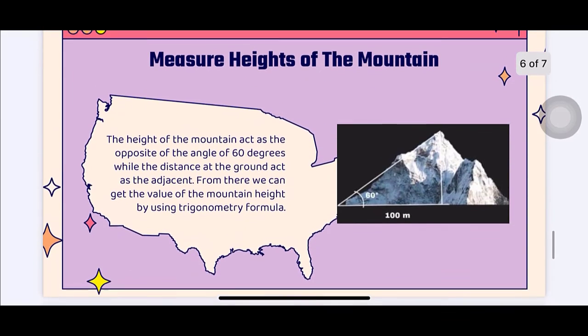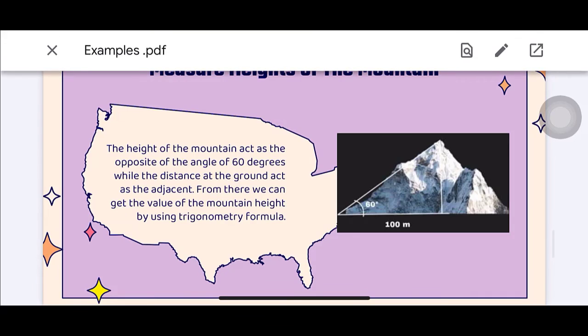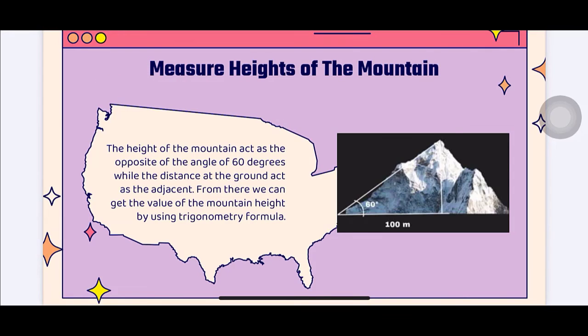After we know the concept of how to measure the height of the mountain, now we can solve the example. The example says that the height of the mountain acts as the opposite of the angle of 60 degrees, while the distance on the ground acts as the adjacent.